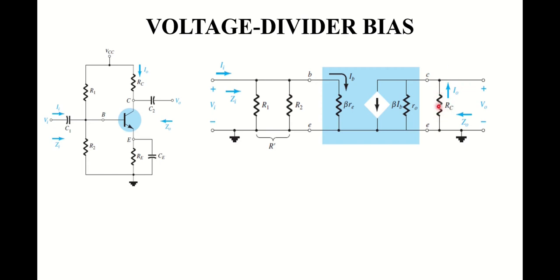As you can see, RC is still connected at the output terminal. R1, R2 are connected in parallel to the beta Re combination, as you can see here. Although R1 and R2 are not in parallel, once we short circuit this capacitor, both of them will become parallel to each other.